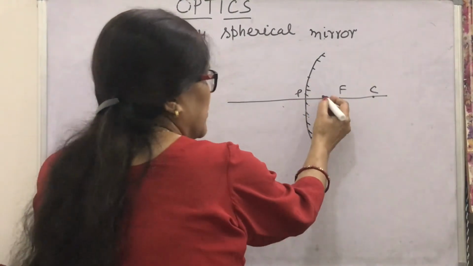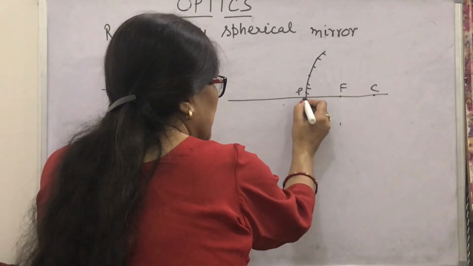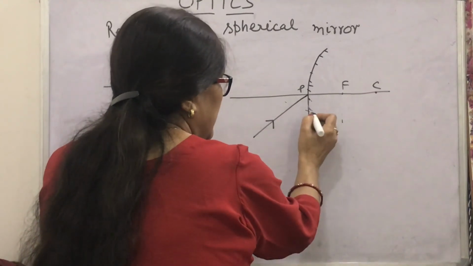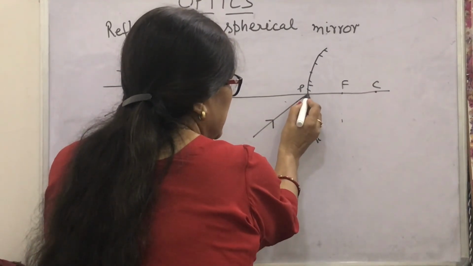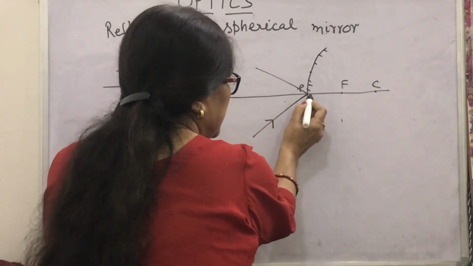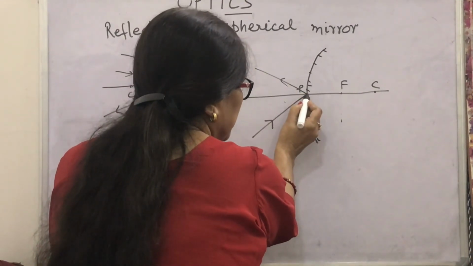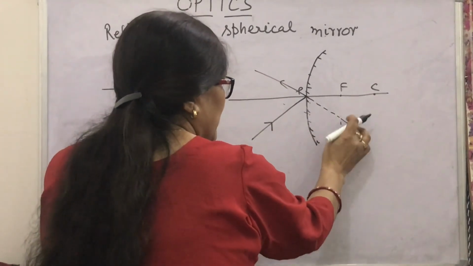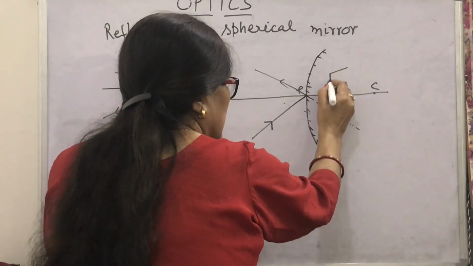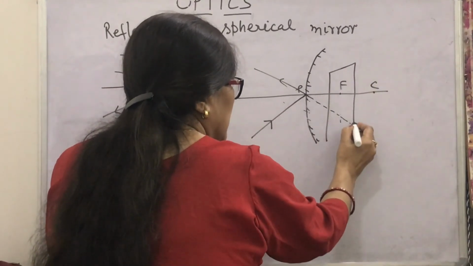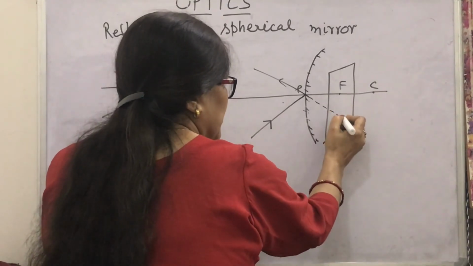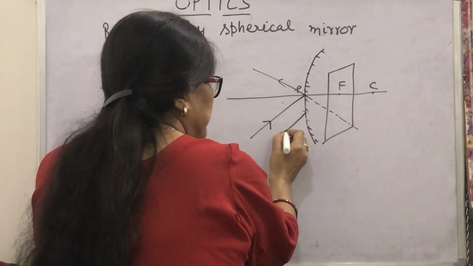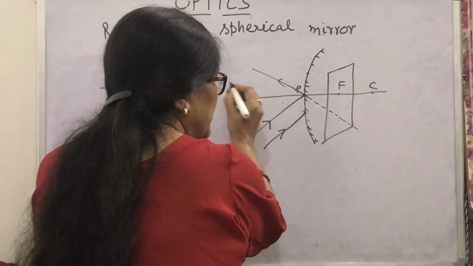Here in case of convex mirror, if you take a ray which is incident along the principal axis, it will be reflected in such a way that on extending back it passes like this. Okay, if you draw this focal plane and you take another ray which is parallel to the incident ray, then what will happen?